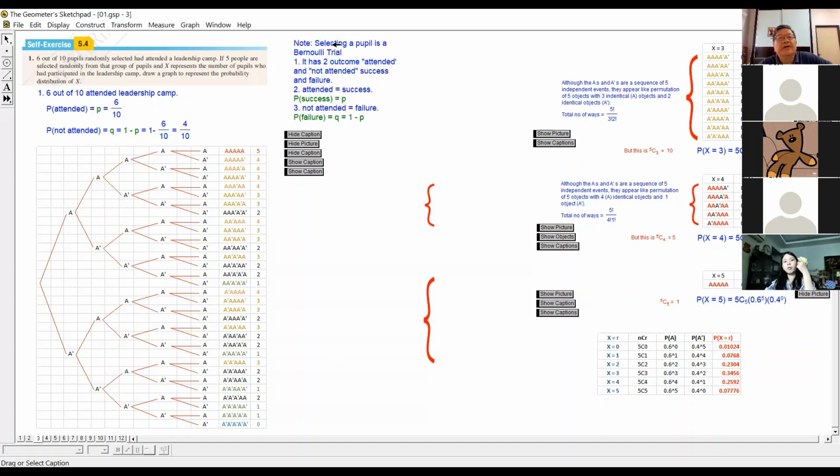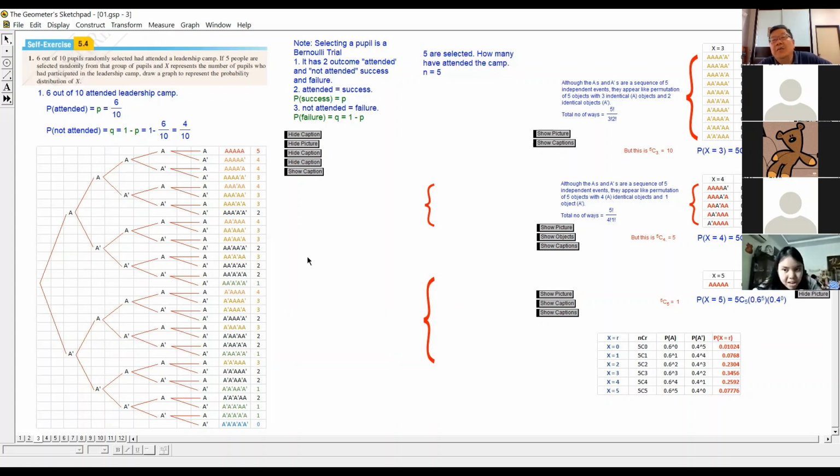Okay, so I read from here, selecting a pupil is a Bernoulli trial. It has 2 outcomes, attended and not attended. Attended is success, not attended is failure. The probability of success, P, is 6 over 10, and not attended means failure, the probability is 4 over 10, right? Next one.